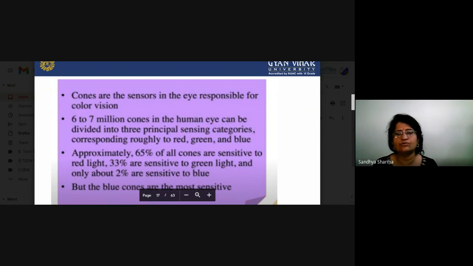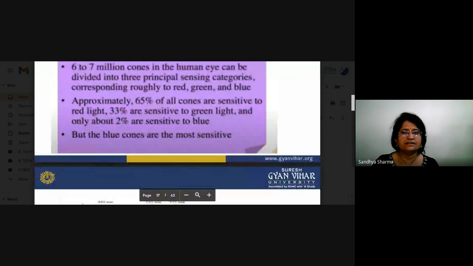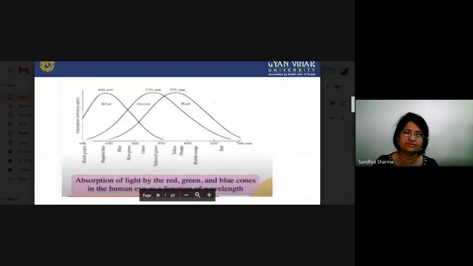All these cones are divided into three major categories. Approximately 65% of all cones are sensitive to red light, 33% are sensitive to green light, and only 2% are sensitive to blue light. So that is the classification. The major part of the cones are sensitive to red light, and blue cones are the most sensitive cones.